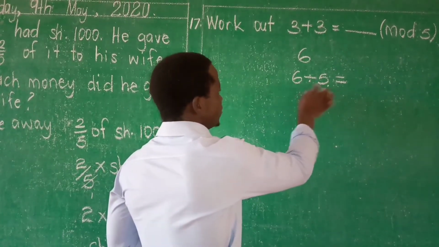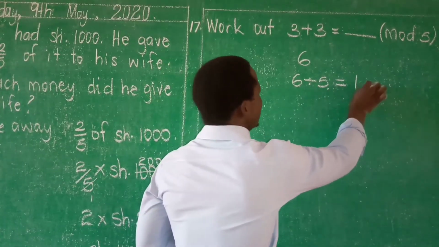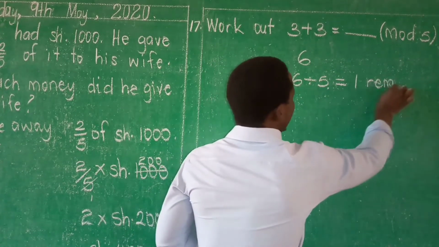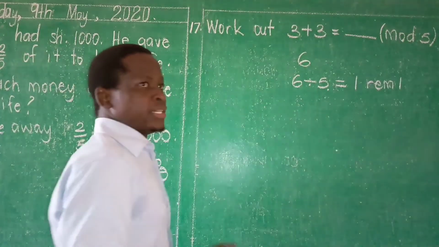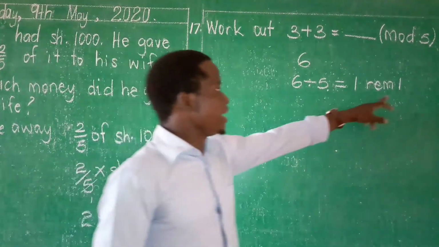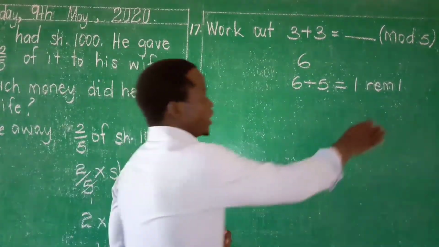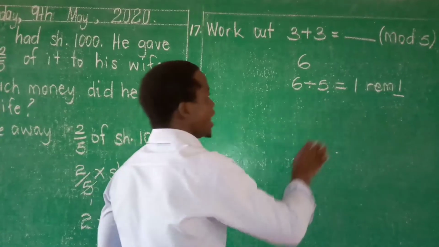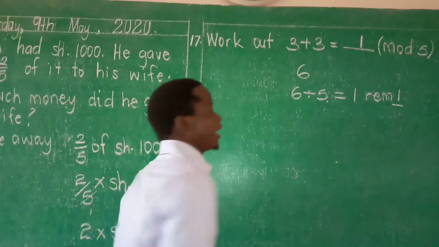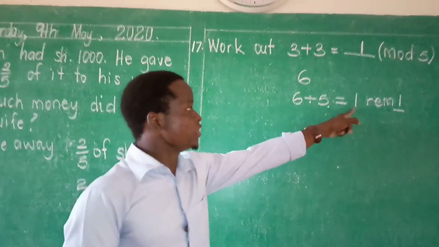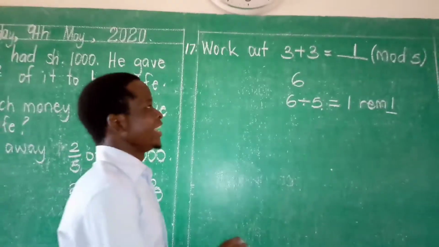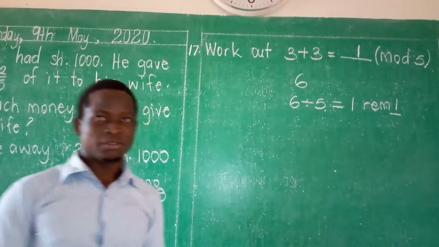And here 6 divided by 5, you get 1, remainder 1. And in this case, the remainder is the answer. We are taking our remainder as the answer, filled there. Be very keen. Don't write there this one. I will cross it. Okay? Let's go to method 2.